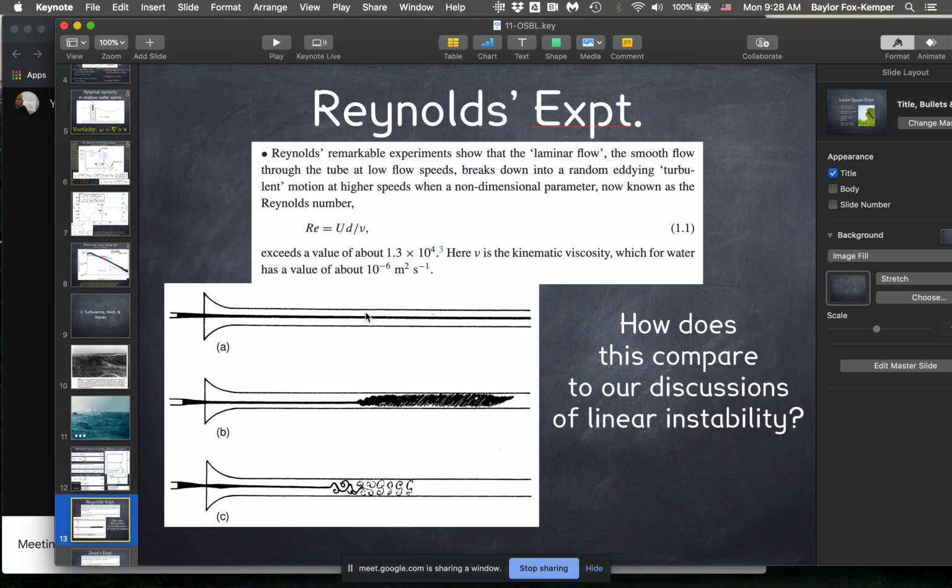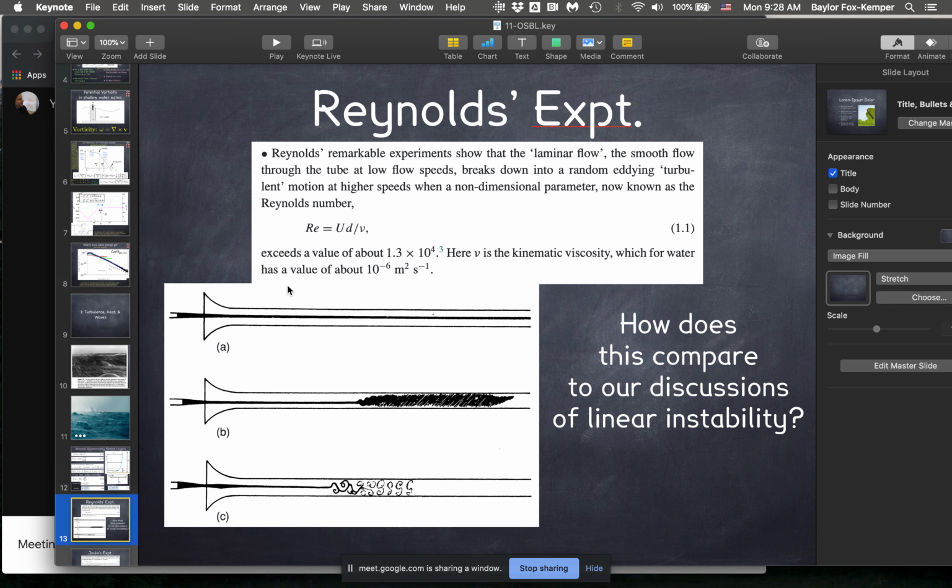At low speeds, the dye just stayed in a straight line in laminar flow, but at higher speeds, it broke up and became a kind of blurry patch. If he took a snapshot of what the flow looked like, it actually had these curling turbulent eddies embedded inside of it.